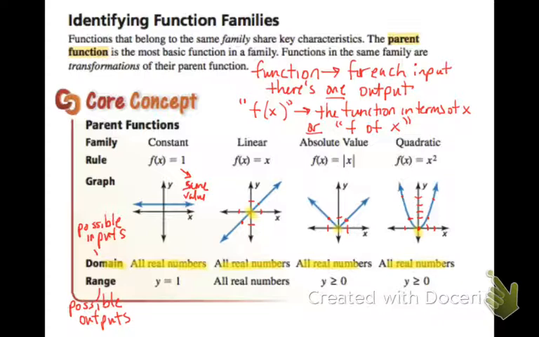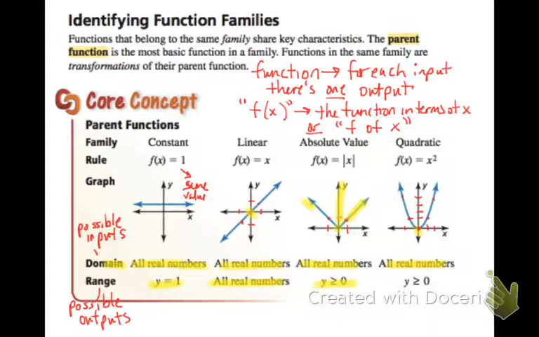Now when we talk about the set of resulting outputs, that is our range. So in the case of the constant function f of x equals 1, the only output that we have, y value, is 1. With the linear function, we can have a full range of outputs. With an absolute value function, notice that the y values stay up in the positive.